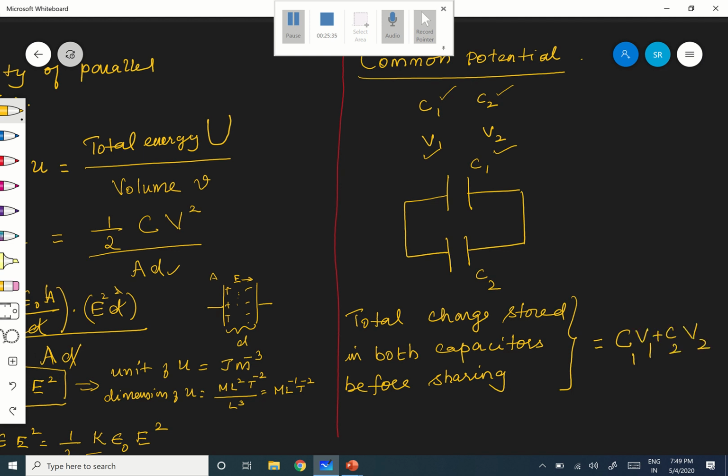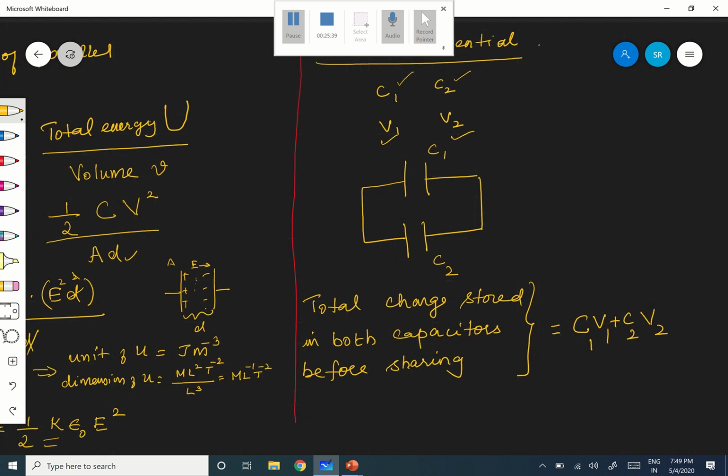Are you following? This is the total charge stored in both the capacitors before sharing. Now after sharing, the charge flows from the capacitor at higher potential to the capacitor at lower potential, correct? Till both the potentials become the same.